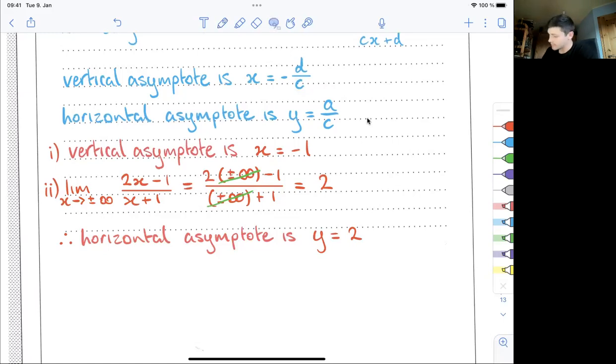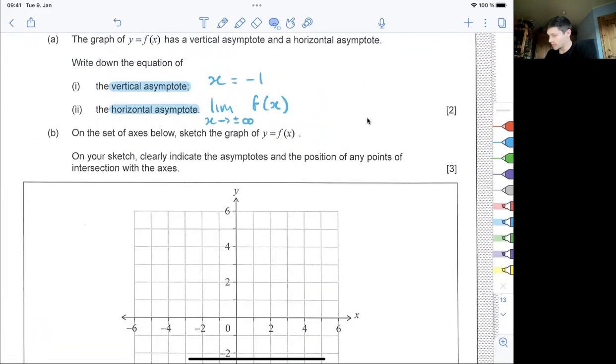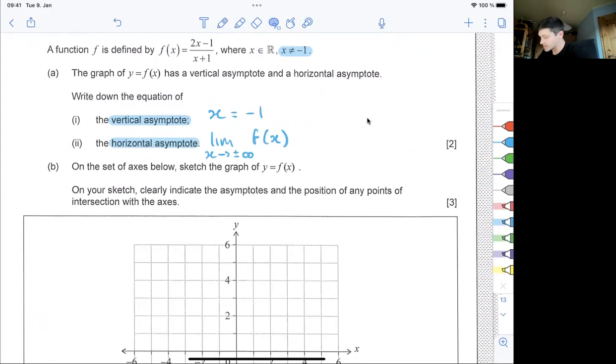And this idea here for the limit, the reason why I wanted to expand on that idea is that it is going to help quite a bit for this next part, part B, when we get to sketching the graph. So going up to part B, we are asked, on the set of axes below, sketch the graph of y equals f(x). I'm just going to put equals 2 here as well.